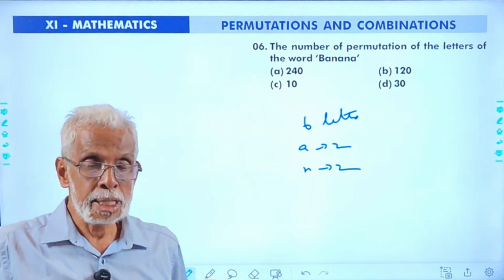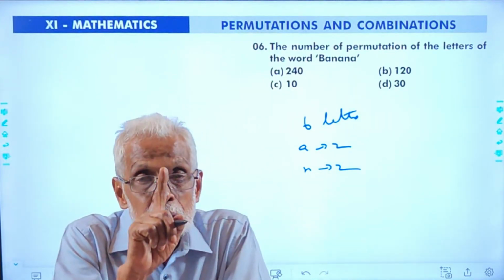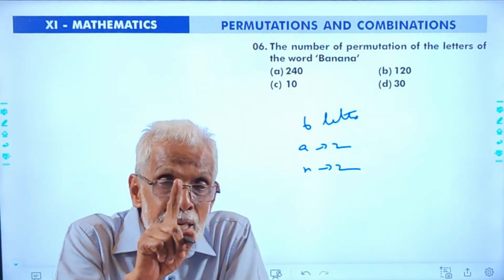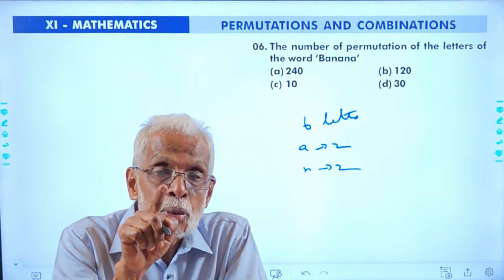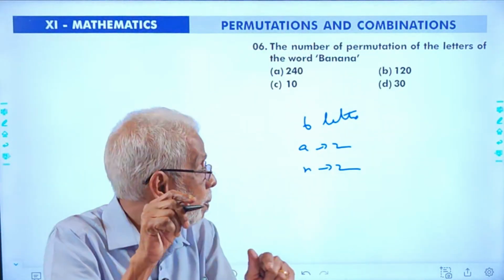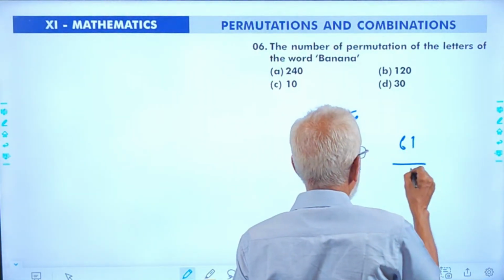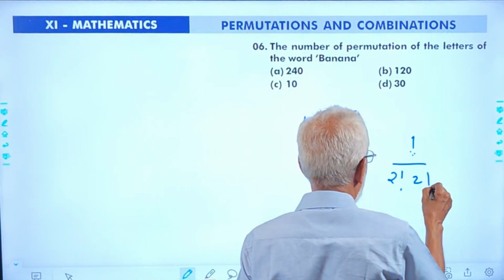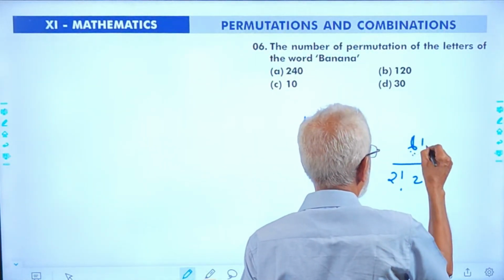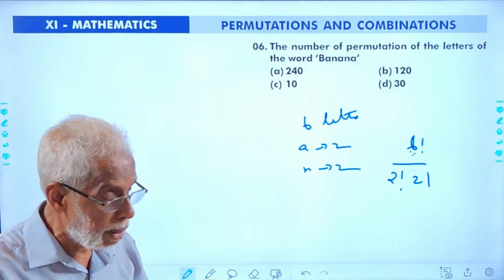You know, number of permutations of n things, when they are made up of p like things of one sort, q like things of second sort, r like things of third sort, and so on, is n factorial by p factorial, q factorial, r factorial, etc. Therefore, total arrangements 6 factorial by 3 factorial into 2 factorial. The correct choice is B choice, 60.